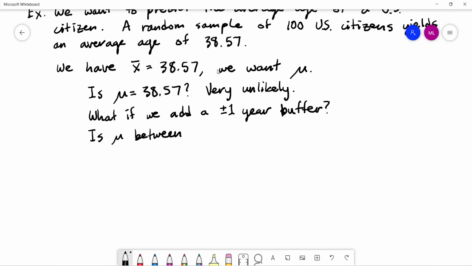Well, if I subtract a year, I'd be at 37.57. And if I added a year, I'd be at 39.57. So the first question was, is mu exactly equal to 38.57? Probably not. Is mu between 37.57 and 39.57? So we've added and subtracted a year, created a little buffer around this. More likely, but still, I'm not very confident. Let's say maybe.